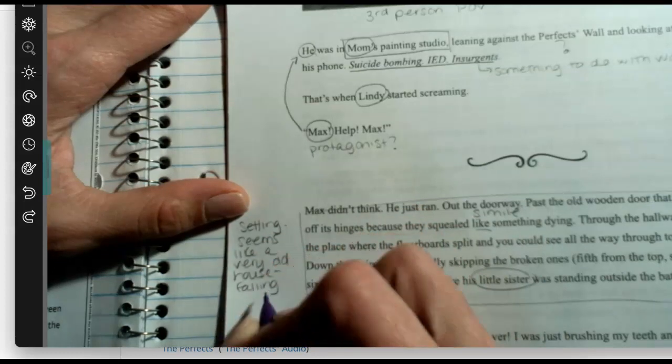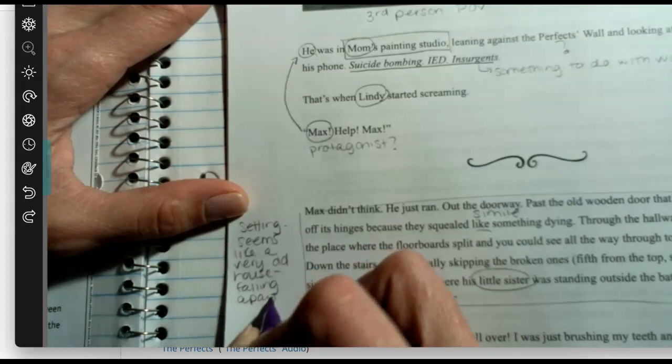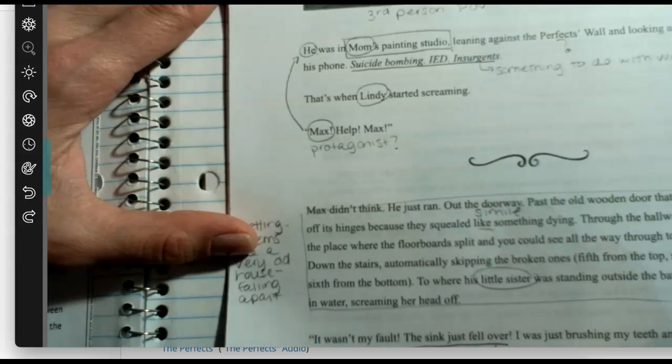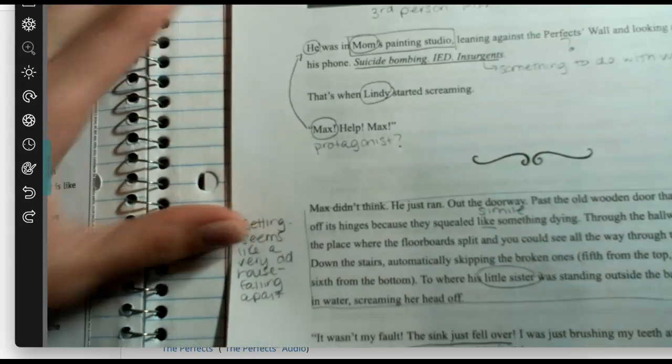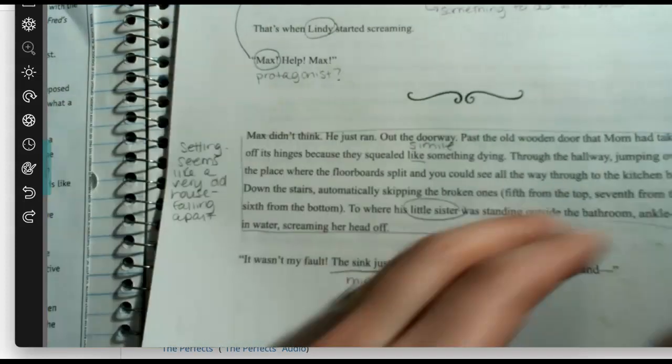And the sink just fell off. Okay, so that's down here. That could be a minor conflict, maybe. But it seems like Max and Lindy are maybe living in a very old house. All right, let's keep reading here.